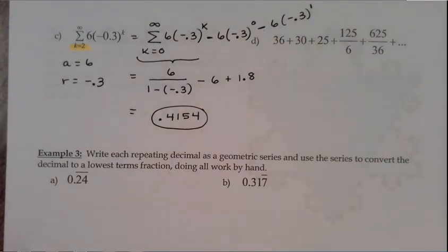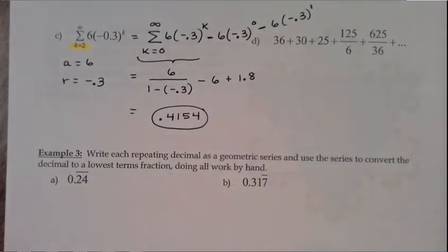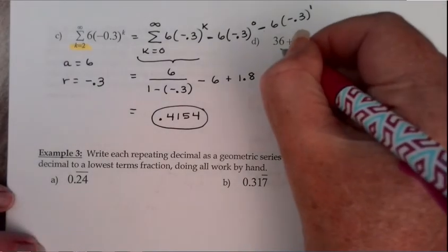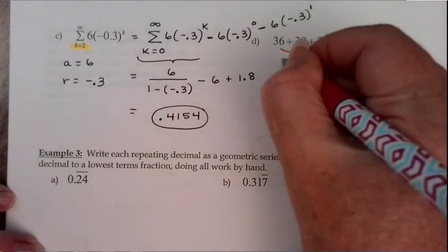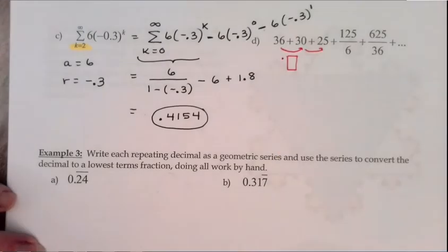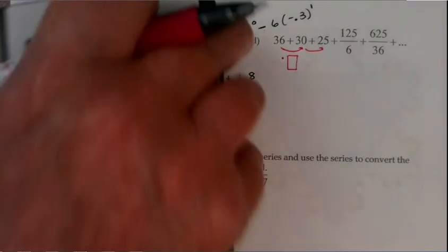All right, one more. This one is actually not yet written for us in terms of a sum. We're going to have to do that ourselves. So the first thing I'm going to notice here is, what's my multiplier to go from one term to the next? Times what fraction? 36 times what gives me 30? Well, I can kind of ask myself that question backwards, right?